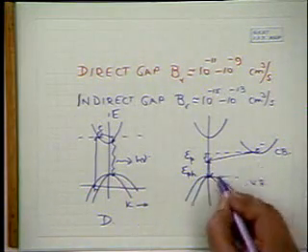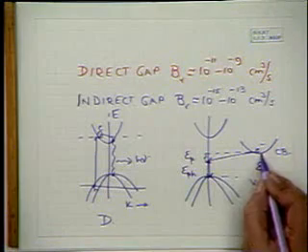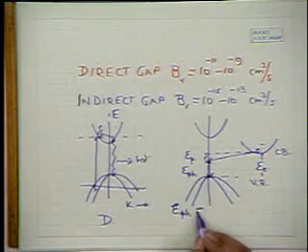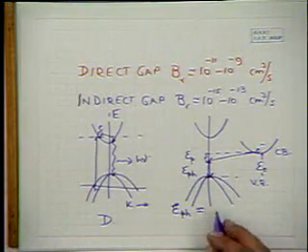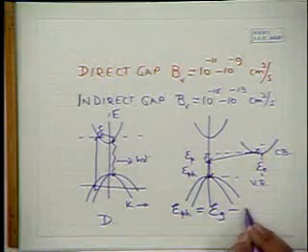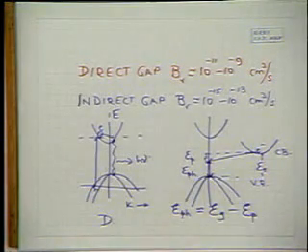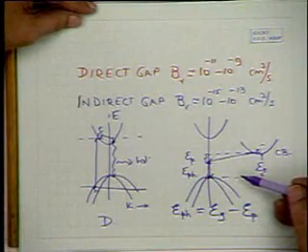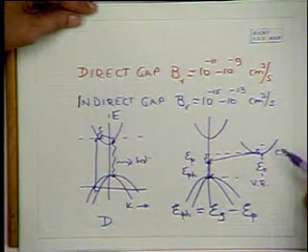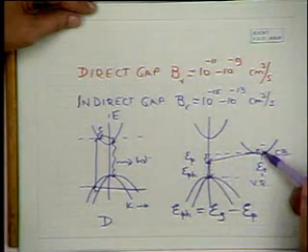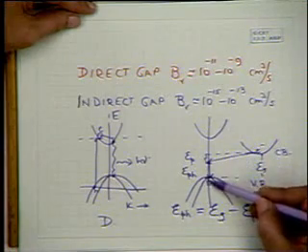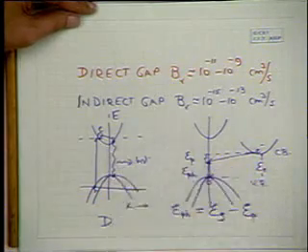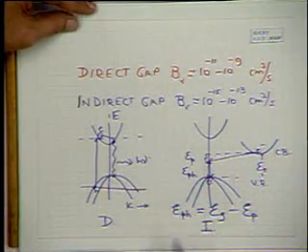So in this case, if Eg is the band gap, the photon emitted has an energy Eg minus EP, where EP is the phonon energy. So this is just the reverse of the optical absorption process that we had seen earlier. And since this is a three-body process involving the electron, the hole, as well as the phonon, this is much less probable than the recombination process in a direct gap semiconductor.